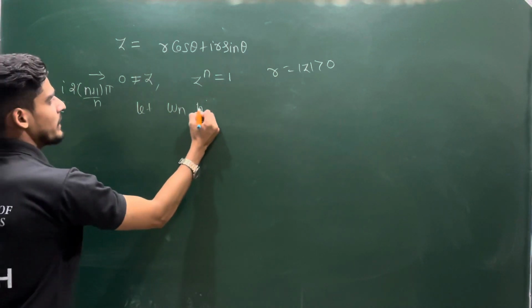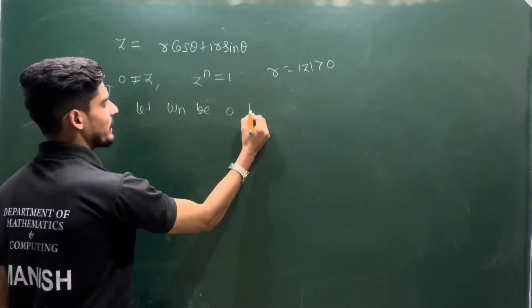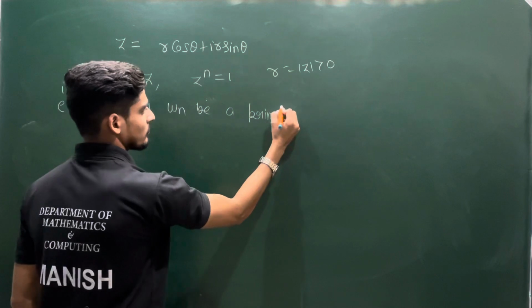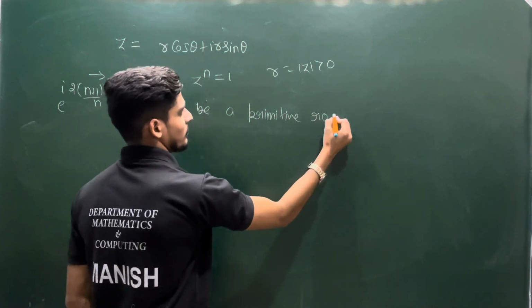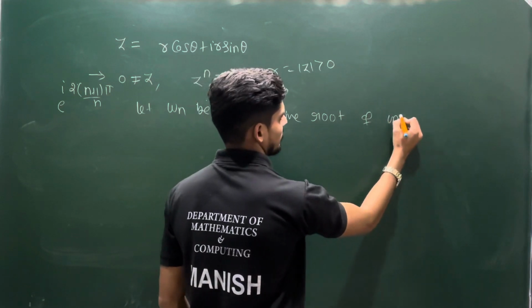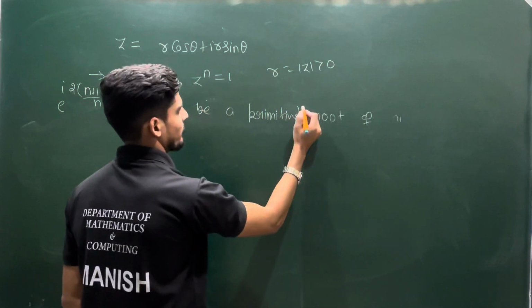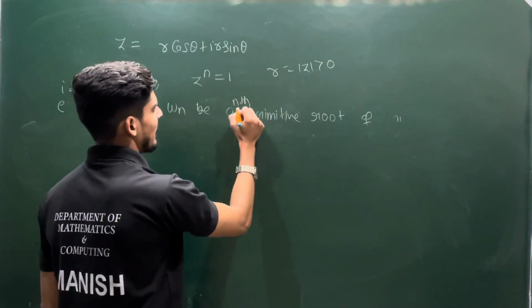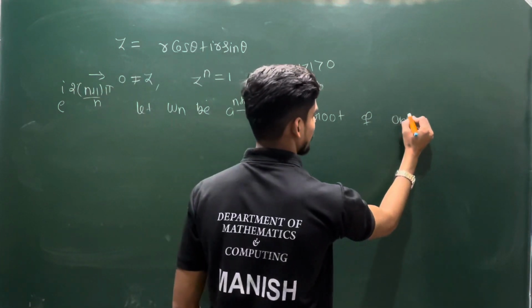Let omega n be a primitive nth root of unity.